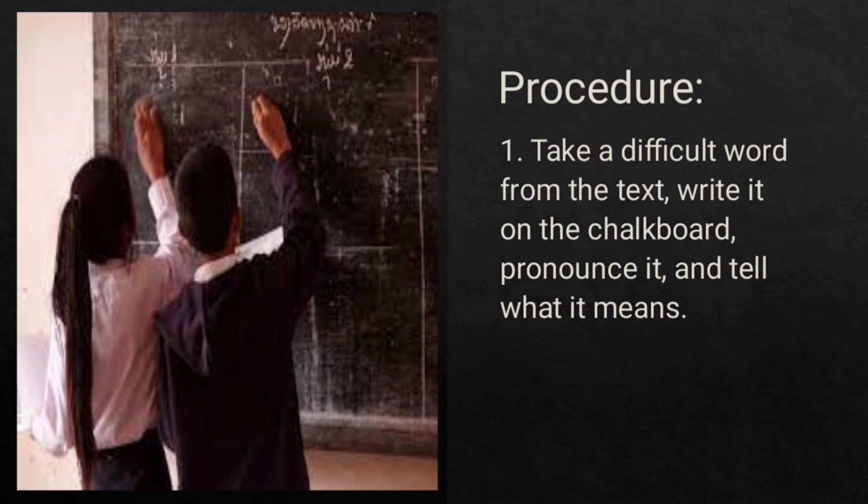But this time, the teacher selects a difficult word and also lets the students first pronounce it, and if the teacher finds it has a wrong pronunciation with the students, of course, the teacher will give the correct pronunciation.